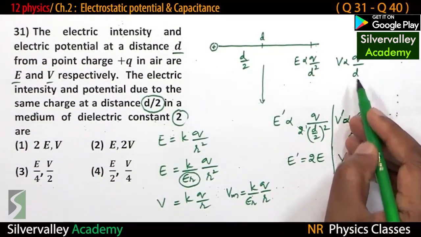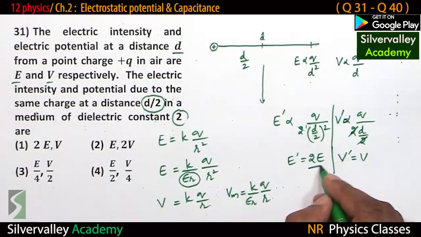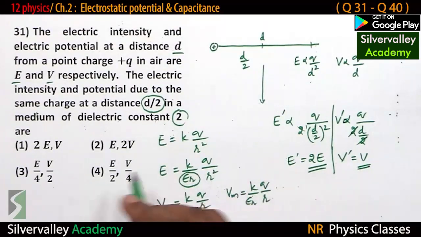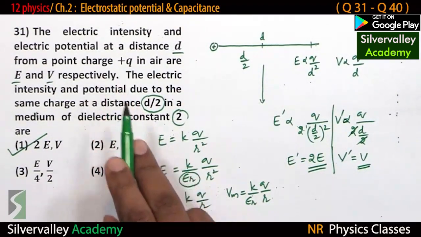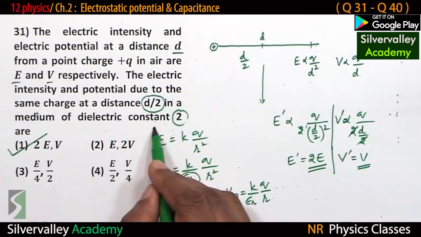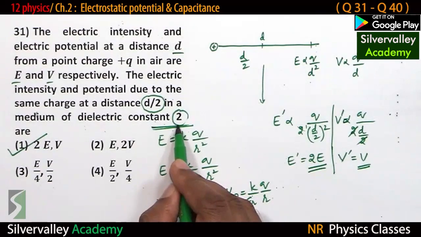Old is also q by d. So V dash equals V. So 2E and V. Students, in such problems, many students take care of the distance and forget the dielectric constant. Please do take care of this.